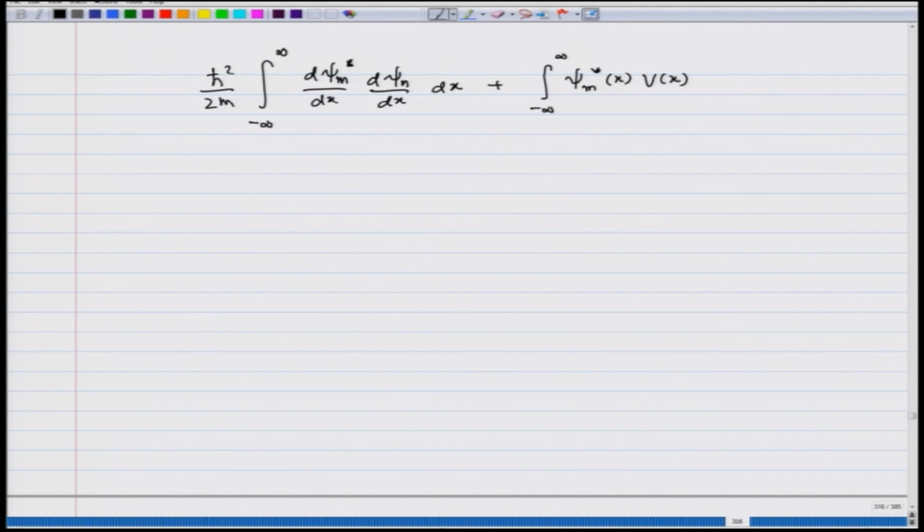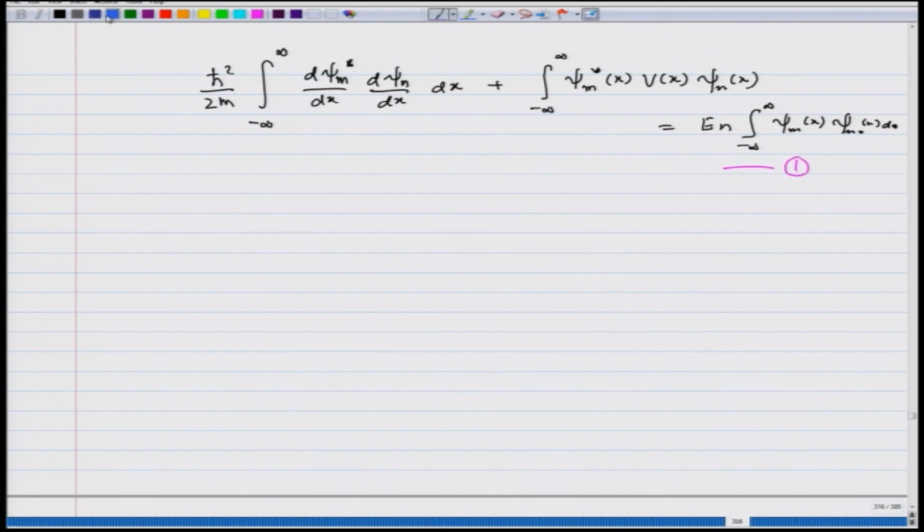So, I have ħ² over 2m integral from minus infinity to infinity (dψm*/dx)(dψn/dx) plus integral from minus infinity to infinity ψm*(x) V(x) ψn(x) equals En integral ψm*(x) ψn(x) dx. This is my equation number 1.